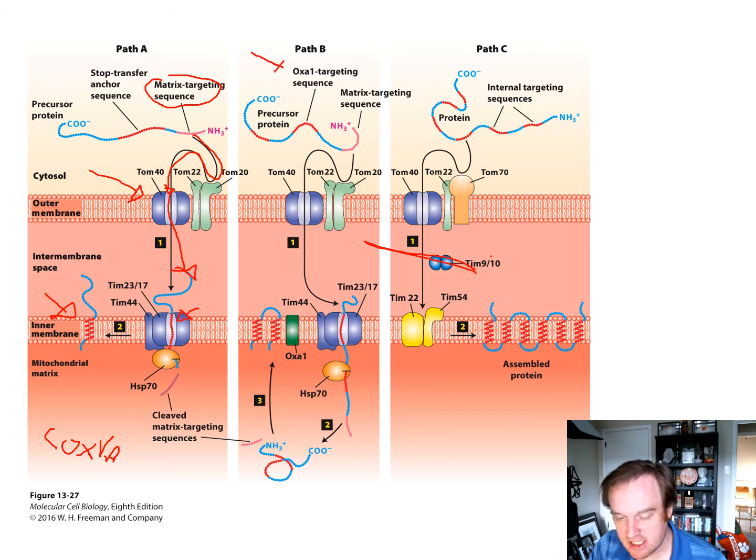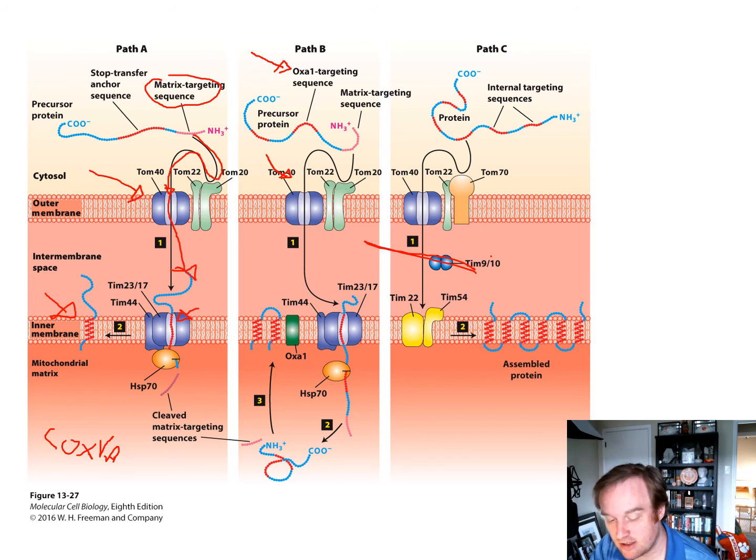Okay, in path B here, we have this OXA1 targeting sequence, and this is in the middle of our protein. And this is similarly imported by TOM40 and recognized by TOM20 and 22 and imported into the inner membrane space.